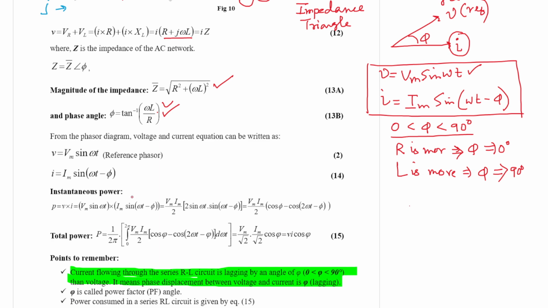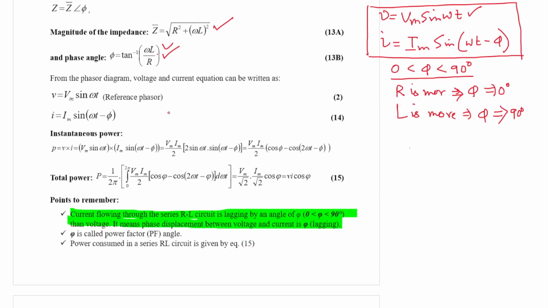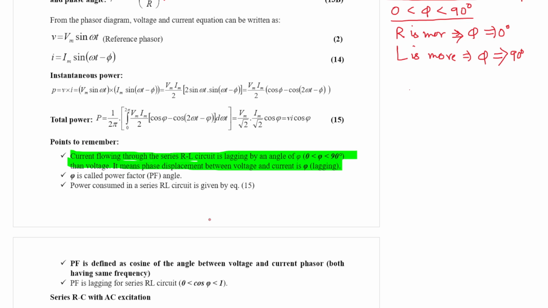Now coming to the power. Instantaneous power is given by V into I, as we observed previously. So V is equal to Vm sin omega t, I is equal to Im sin omega t minus phi.